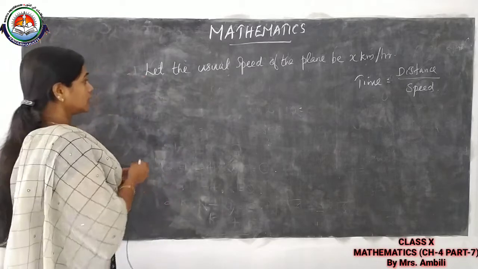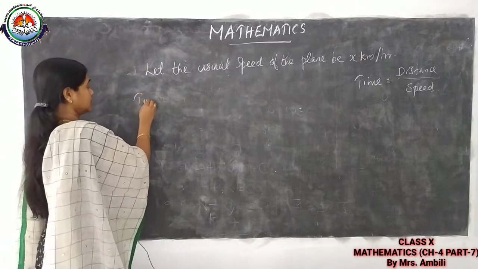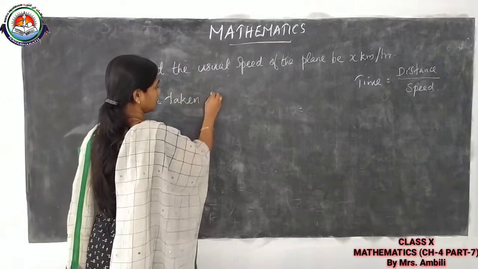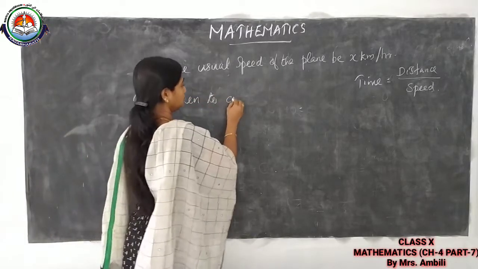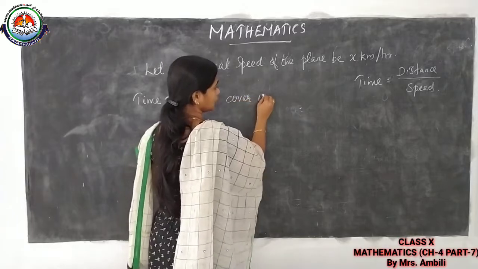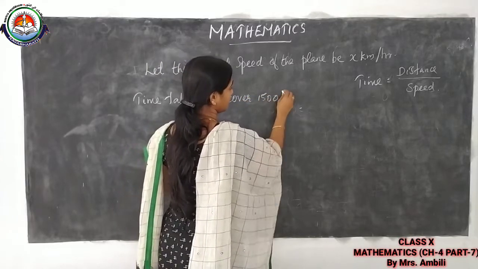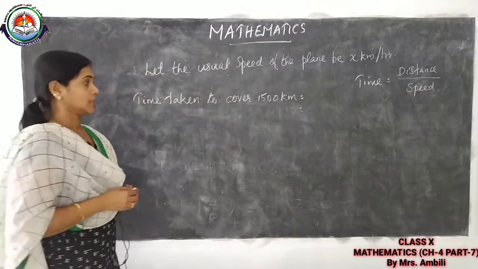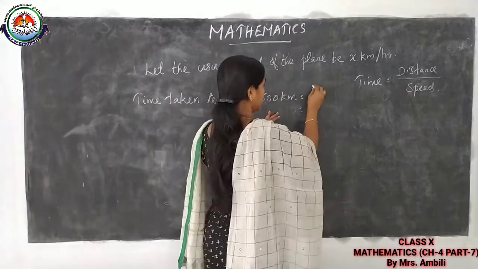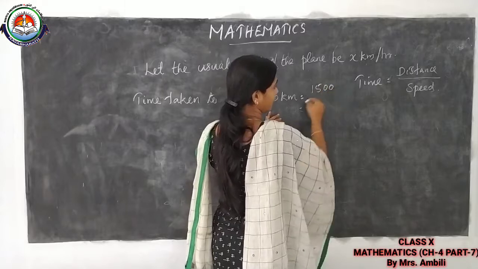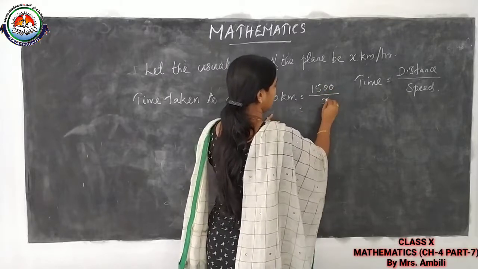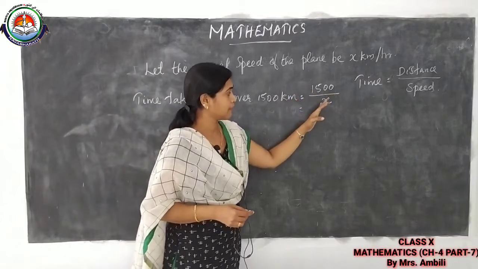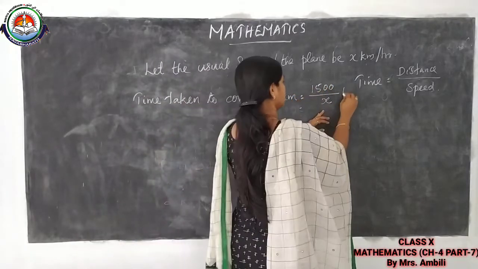Then the time taken to cover 1500 kilometers is equal to distance by speed, 1500 by x hours.